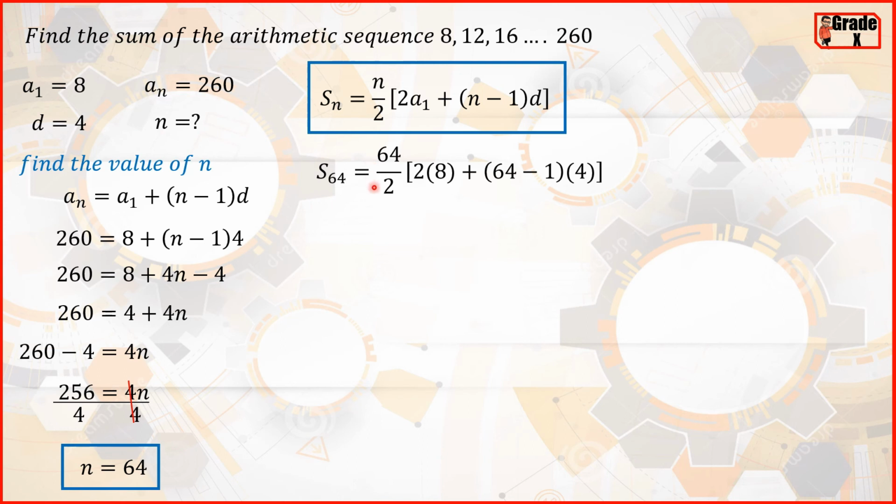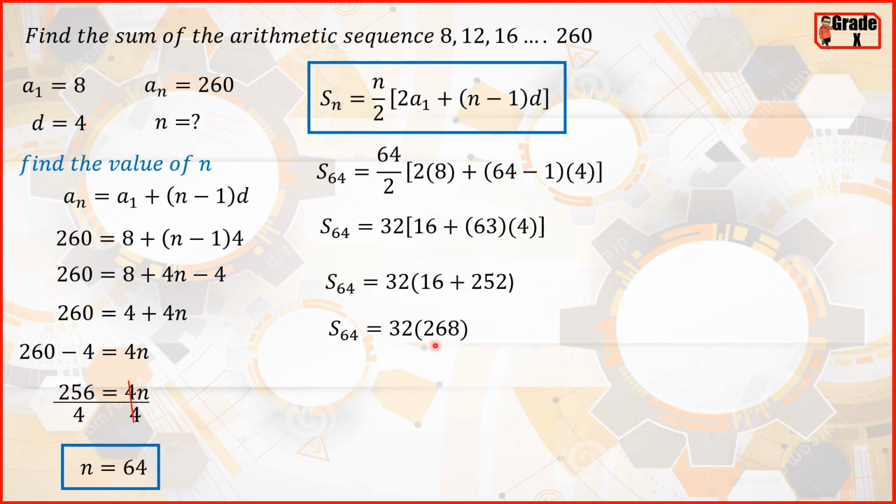Then 64 divided by 2 is equal to 32. 2 times 8 is 16. 64 minus 1 is 63. Then 4. 63 times 4 is equal to 252. Then add 16 and 252. That is equal to 268. Then multiply 32 and 268.